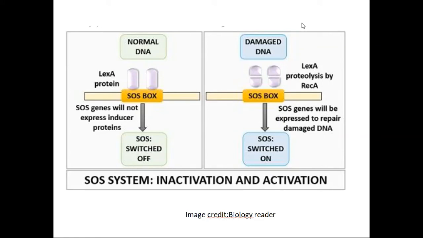But when extensive damage results in a cell, you remember about the RecA protein. The RecA protein, which is mainly responsible for the nucleotide excision repair, gets activated. And this RecA lyses the LexA protein. So the LexA repressor, which was repressing the SOS box, gets digested completely. And as a result, the SOS genes will get expressed to repair the damaged DNA.